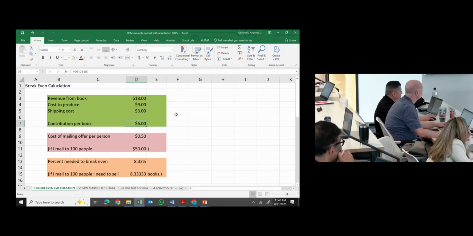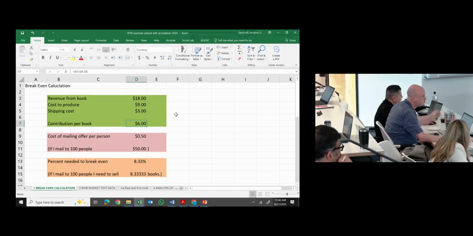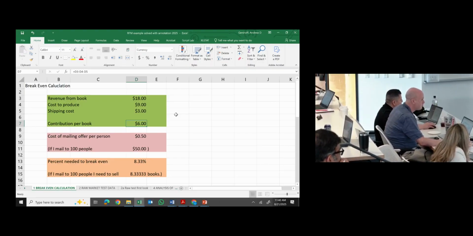But I spend 50 cents on advertising. If I spend 50 cents and send to 100 people, that was $50. And if nobody buys any books, then I lose money. I lose that $50. If everybody buys a book, all 100 people buy a book, then I earn $600 in contributions, $6 times 100, minus the $50 in advertising.